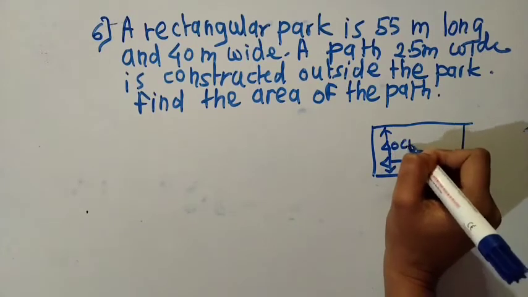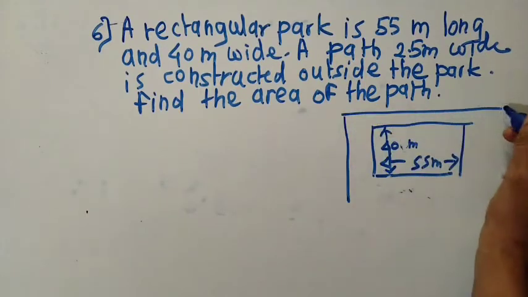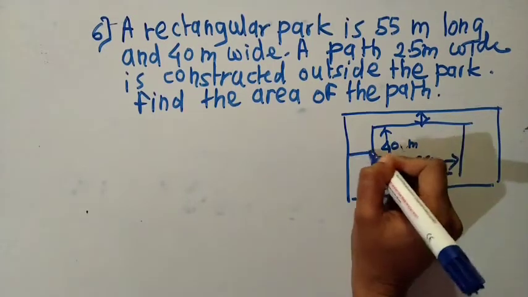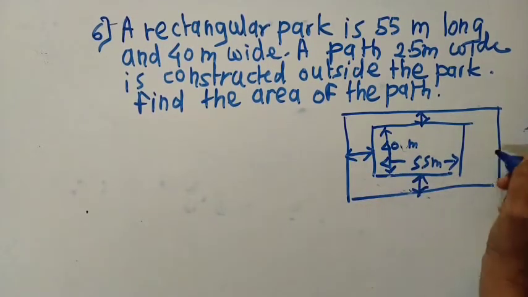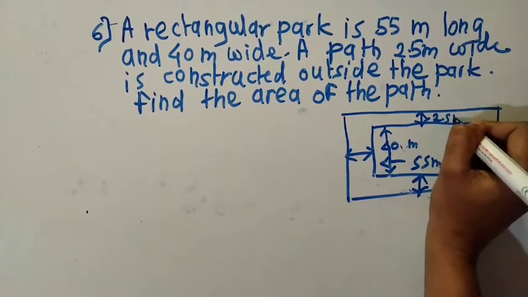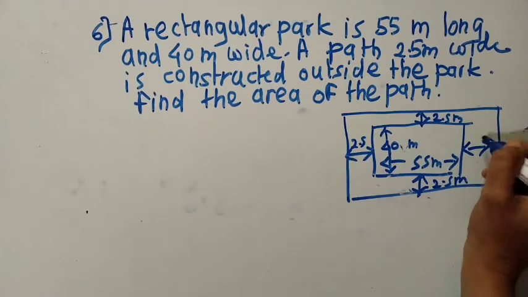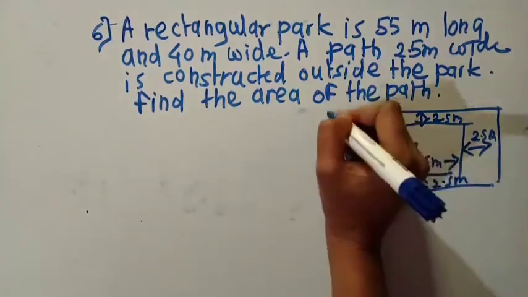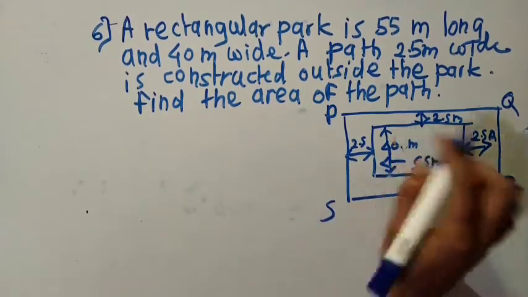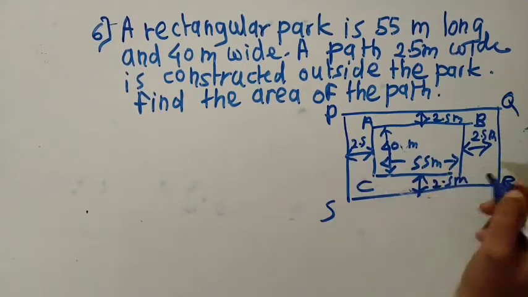Then this distance is 2.5 meter wide. This is PQRS and this rectangle is ABCD.